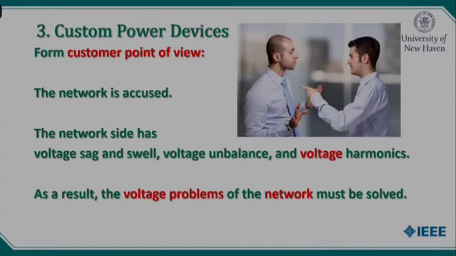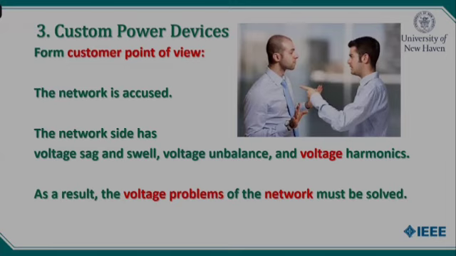From the customer point of view, the network is accused. The network side has voltage sag, voltage swell, voltage imbalance, and voltage harmonics. You can see from the customer point of view, the voltage problems come from the network side. As a result, the voltage problems of the network must be solved.